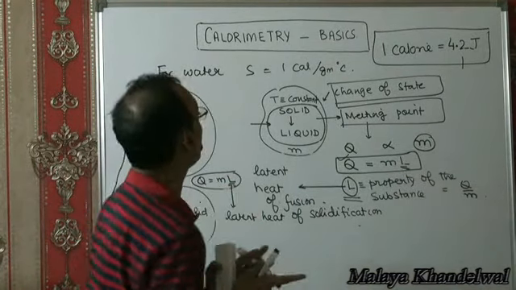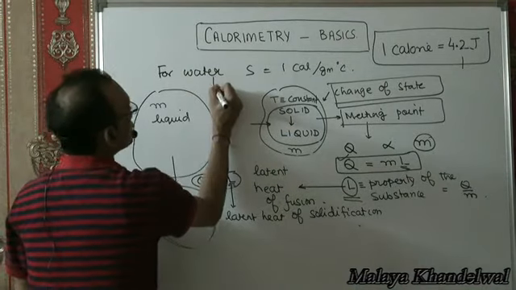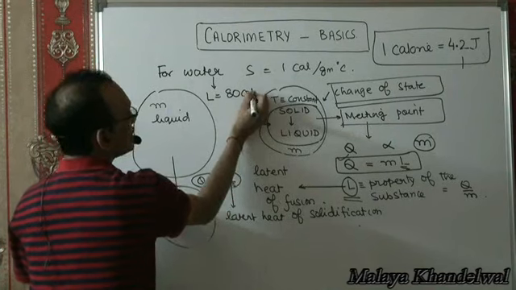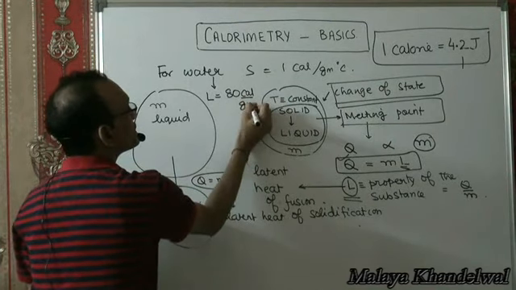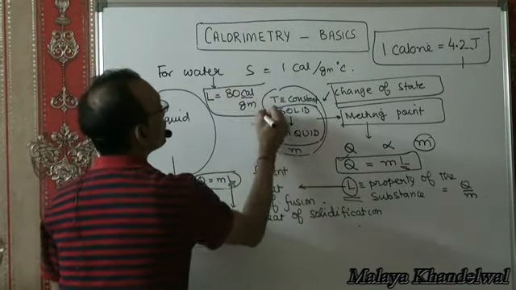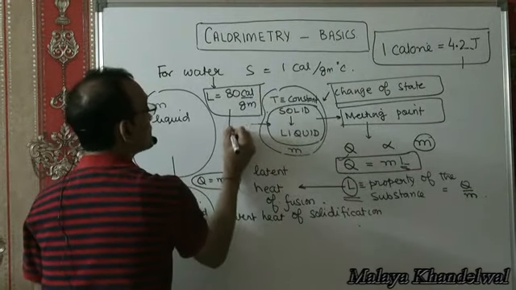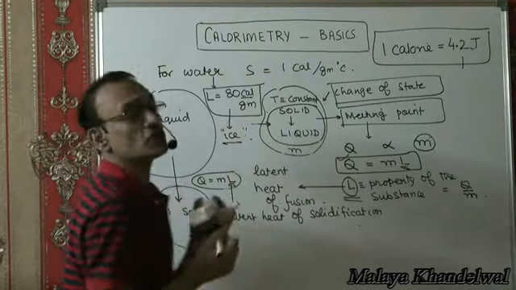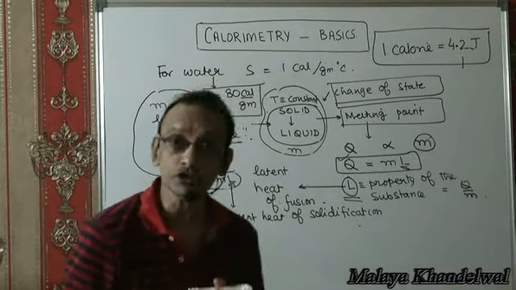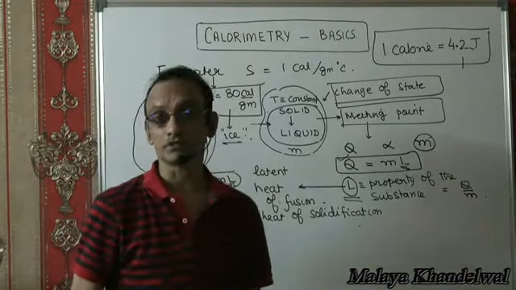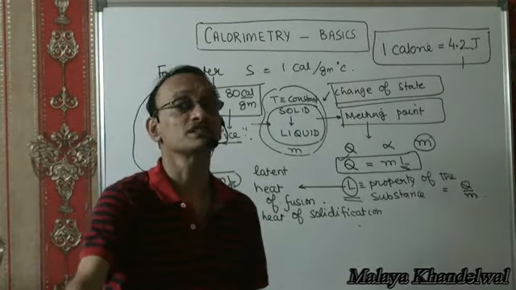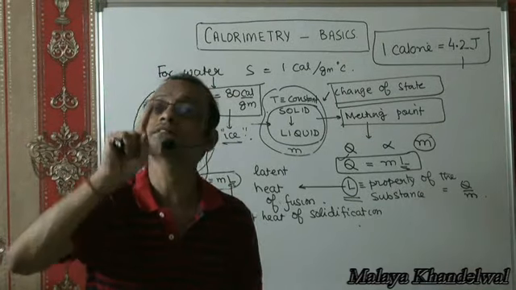For water, L is 80 calories per gram. 80 calories per gram is the latent heat of solidification for ice. So for ice, the latent heat of fusion is 80 calories per gram, and this is at the melting point of ice. What's the melting point of ice? 0 degrees centigrade.